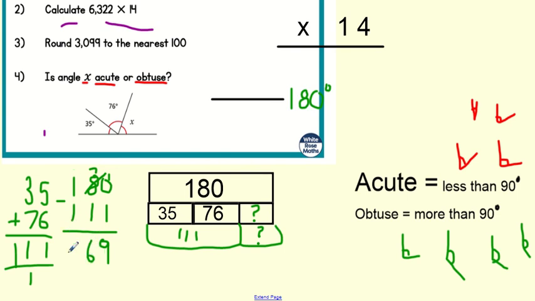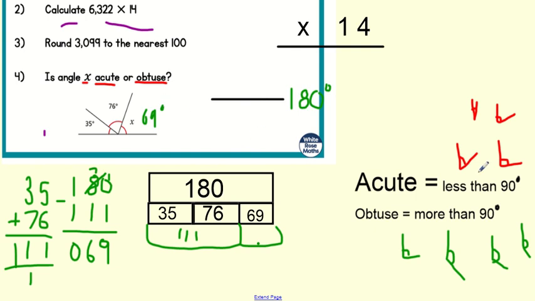And 1 subtract 1 would be 0. So we then know that this part here is 69 degrees.